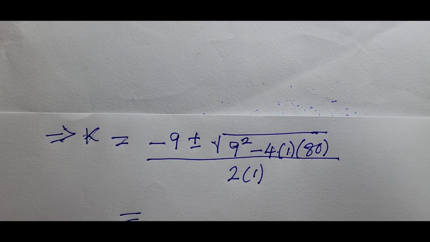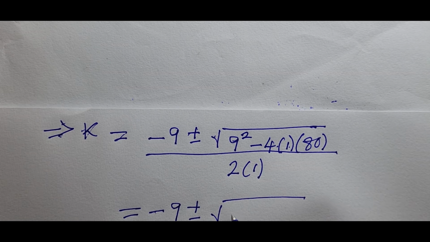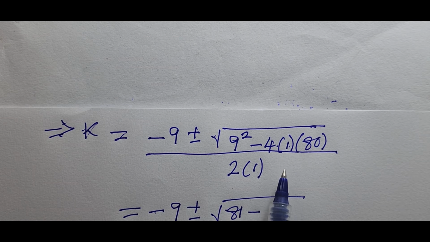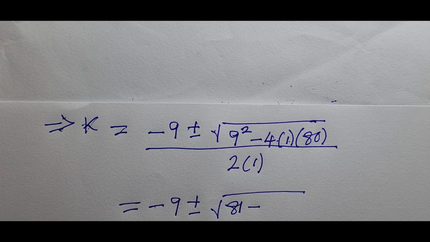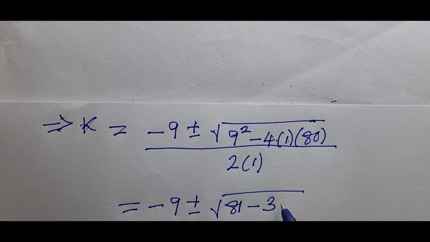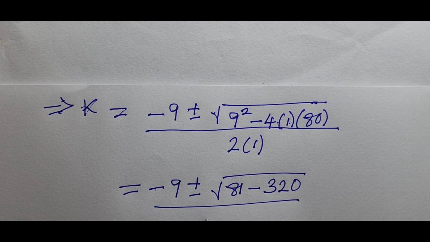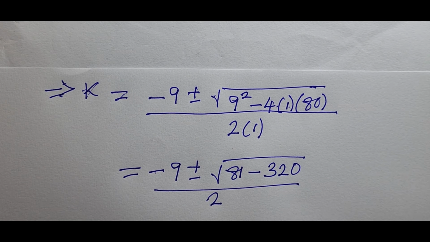There. Let's continue. This is equal to minus 9 plus or minus the square root. 9² will give us 81. Then minus 4 times 1 is 4, then 4 times 80 will give us 320. So all over 2, because 2 times 1 will give us 2.